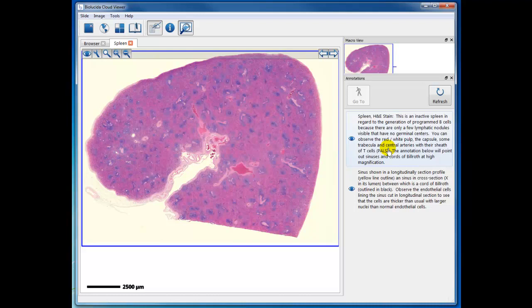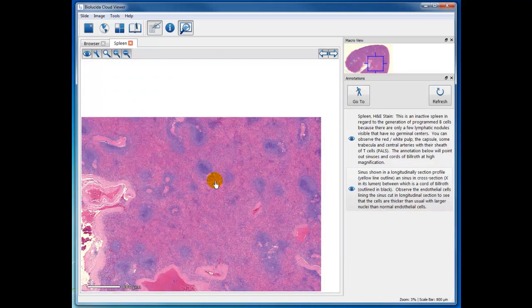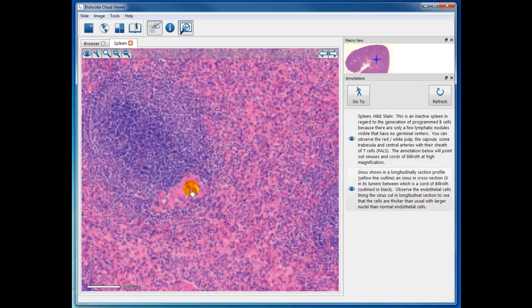So in this particular spleen, you can see nodules. The spleen is not particularly active because you're not going to see any germinal centers in the nodules. So let's magnify this and pick this particular area here.